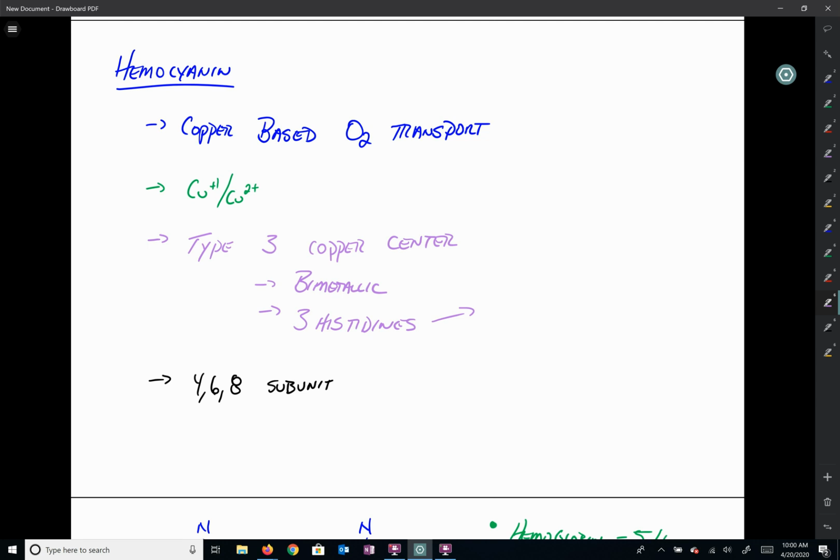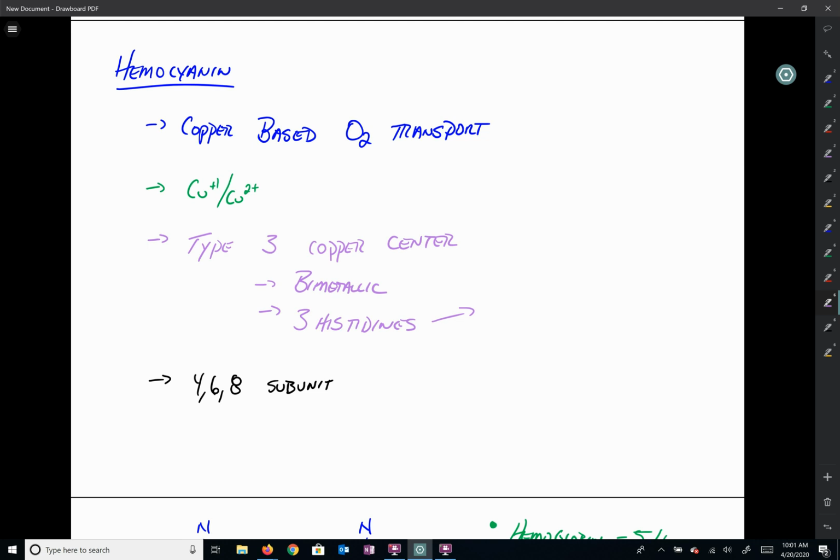Although in some cases we will see that water bound to a metal center is actually involved in the catalytic cycle, wherein an oxygen gets transferred from water to some kind of substrate. We'll see that in a little bit when we talk about some of the other enzymes after we move through hemocyanin here. Anyway, that was a long aside.